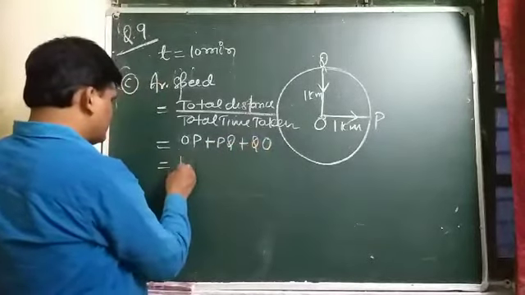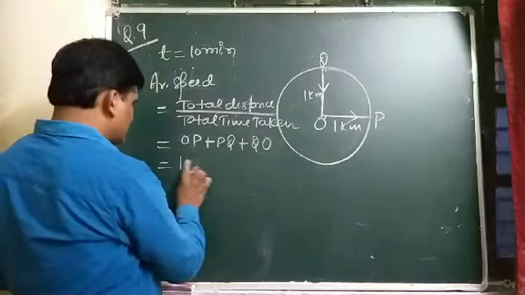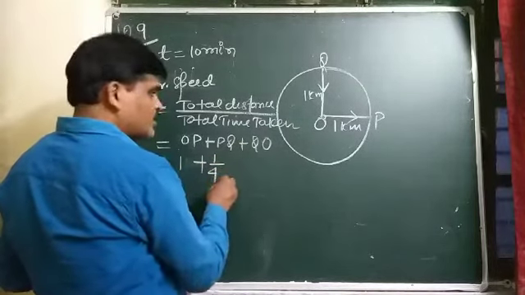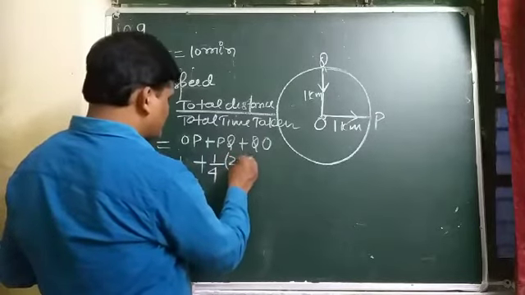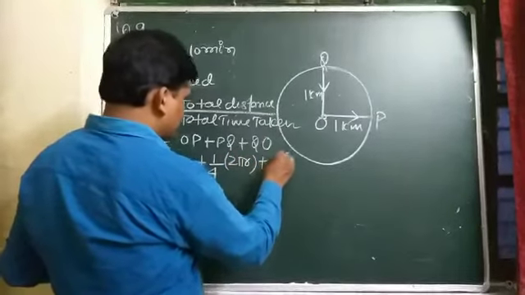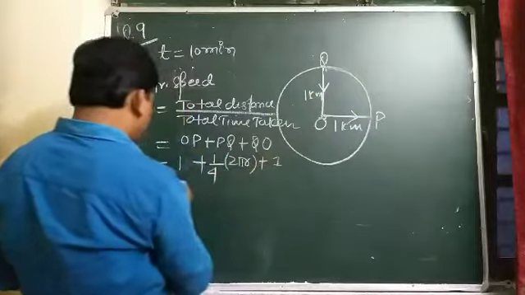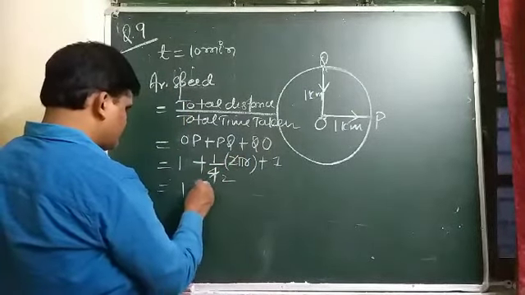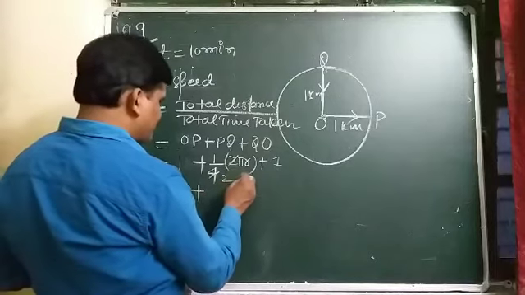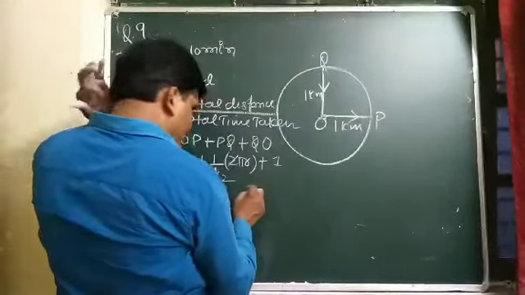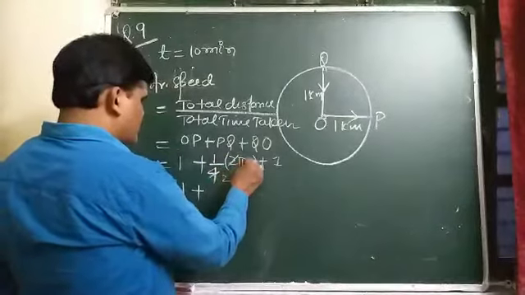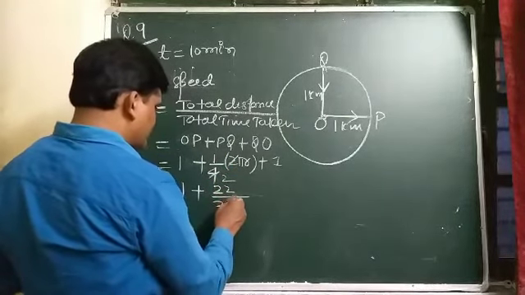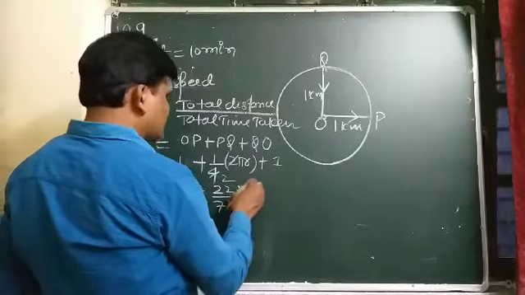And OP, that is 1 kilometer, student, you know that. PQ is 1/4 circumference of circle, that is 2 pi r by 4. It is also 1. So 1 plus, and pi is 22/7, into 2 and radius.